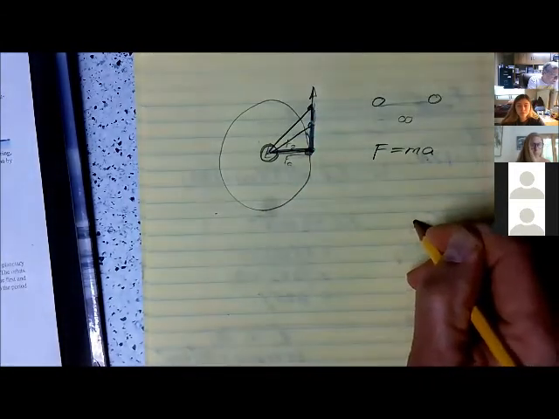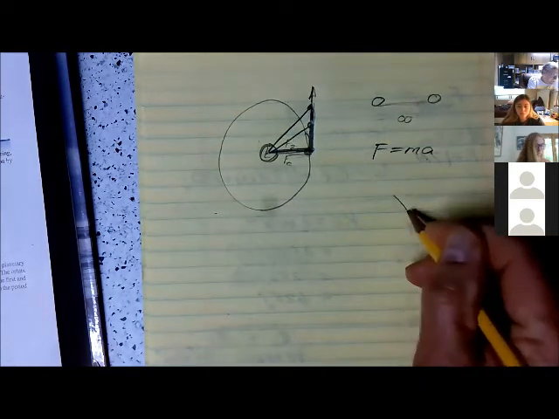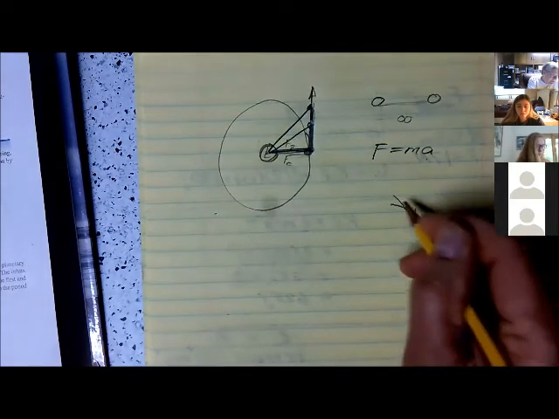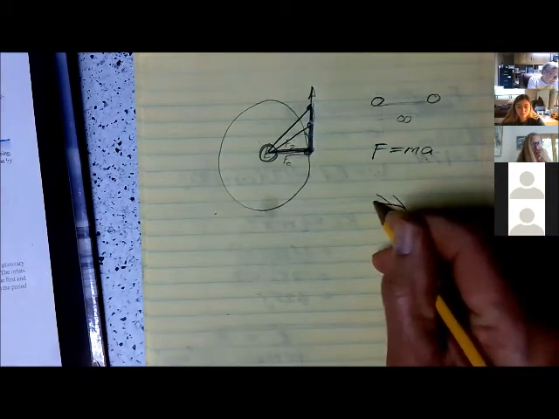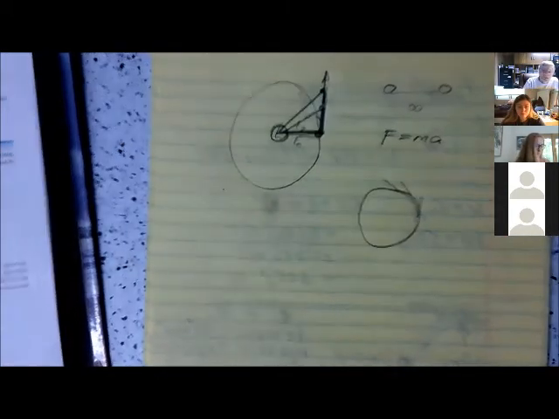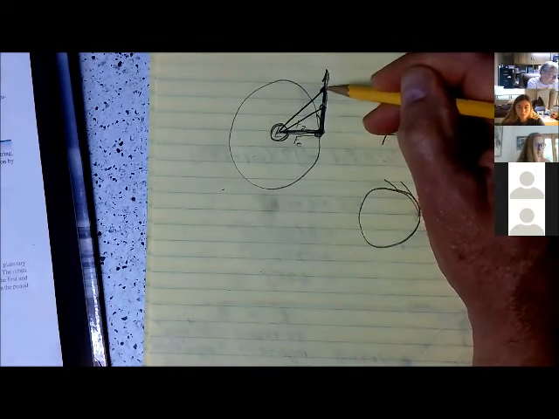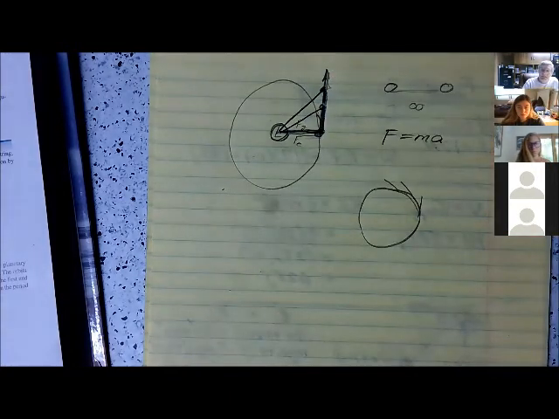The moon wants to go away, but gravity pulls it back. It keeps doing that, so you wind up getting a circle. The moon is continuously falling towards the Earth, but at the same time it is getting further away, and the net result is it stays the same distance.